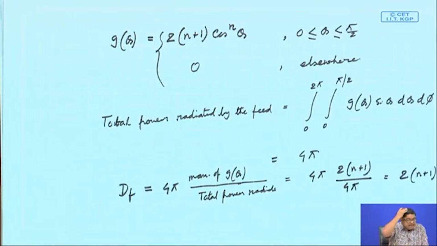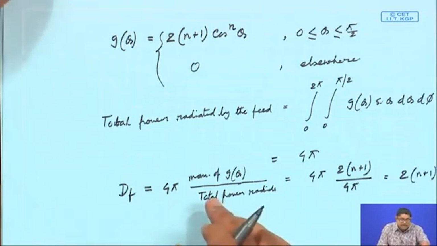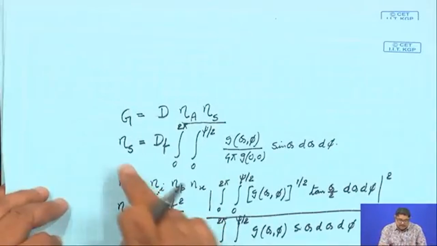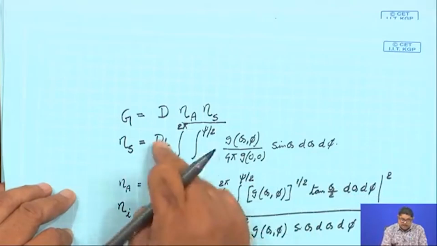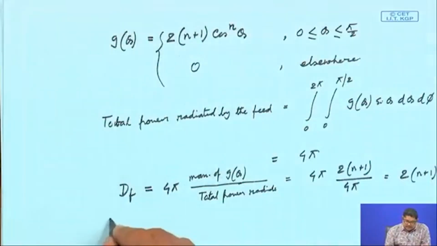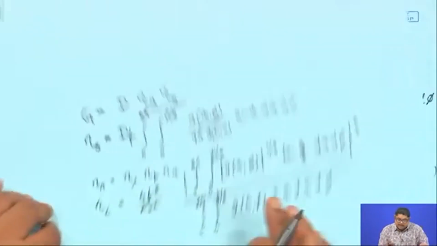Now, if you remember the spillover efficiency expression derived earlier, the spillover efficiency is in terms of dF. So, we can put this value of dF there. With this value, since you know the pattern, that means you know this g theta expression.